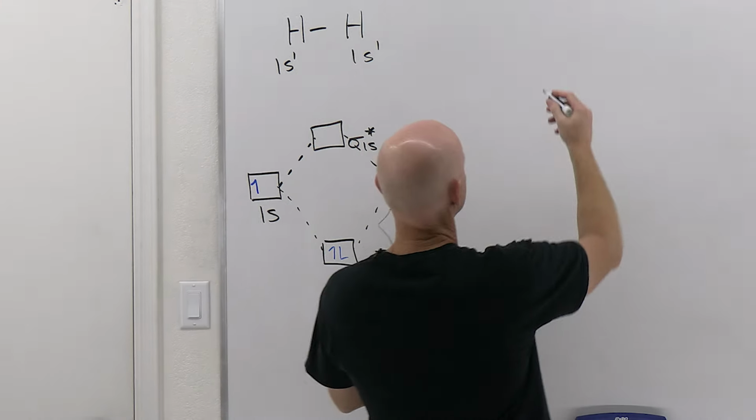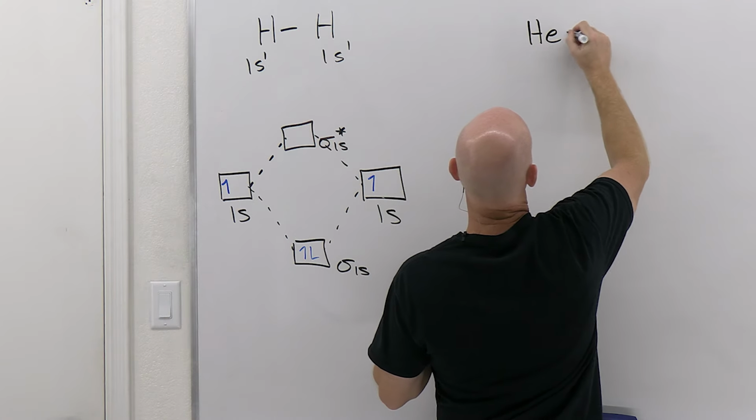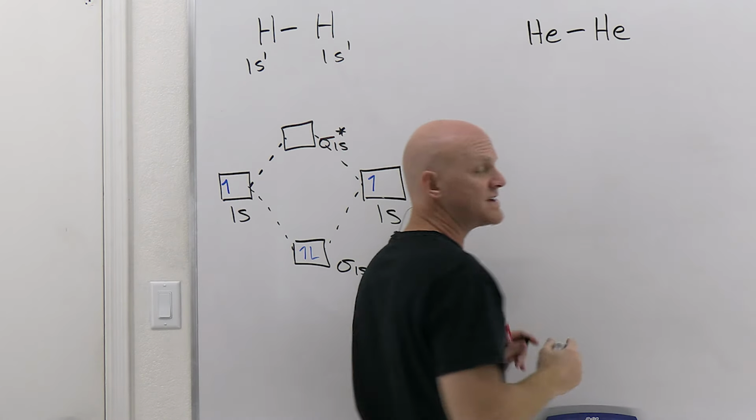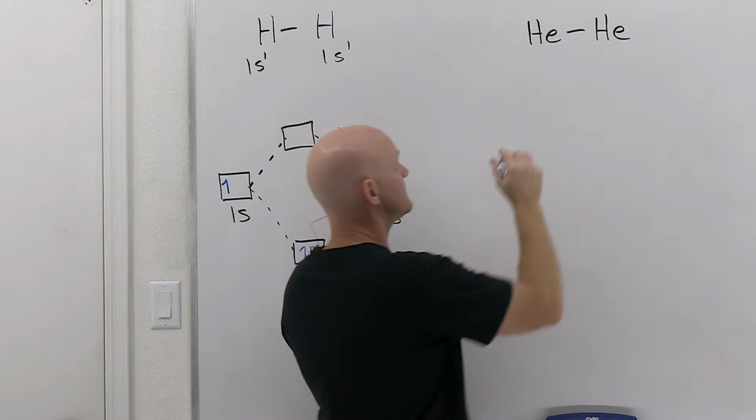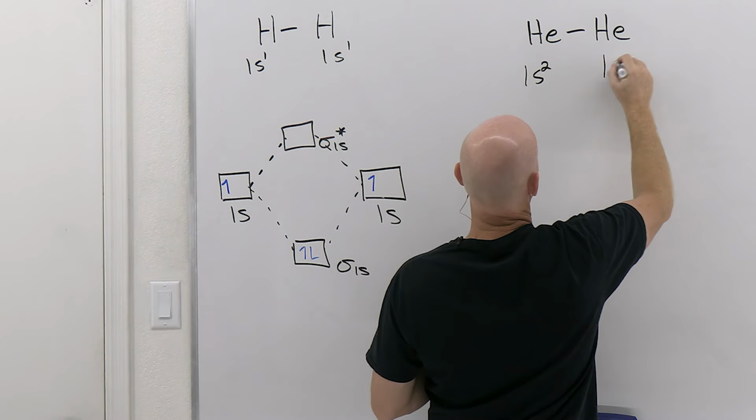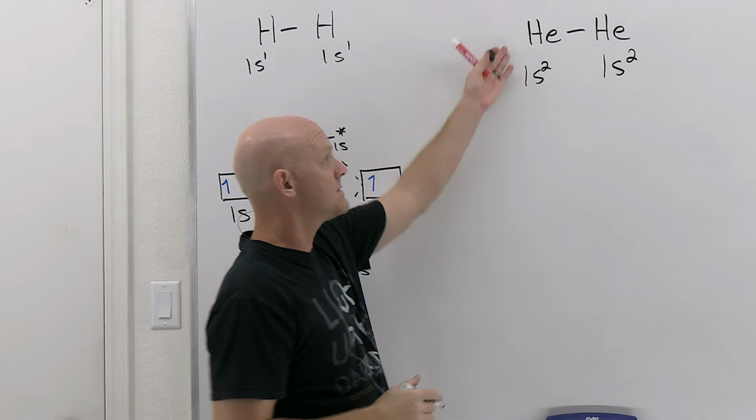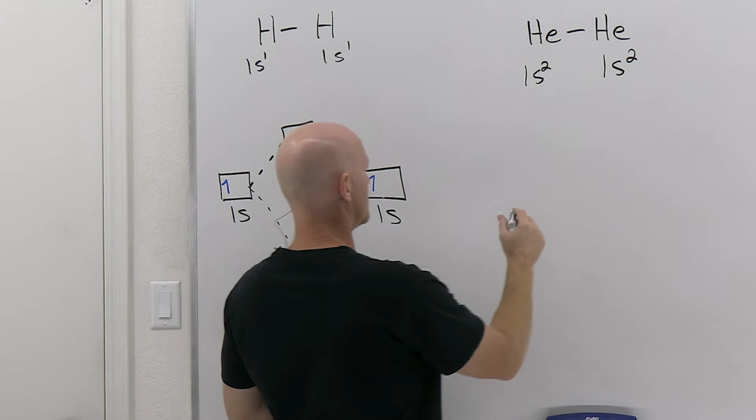Now, if we compare this to diatomic helium, which does not exist, we can explain why it doesn't exist. Each of those heliums has 2 electrons in the 1s orbital.